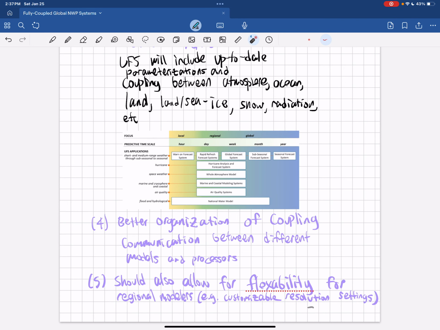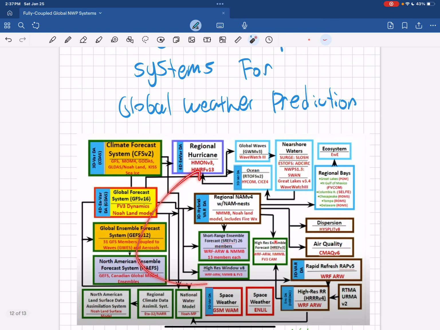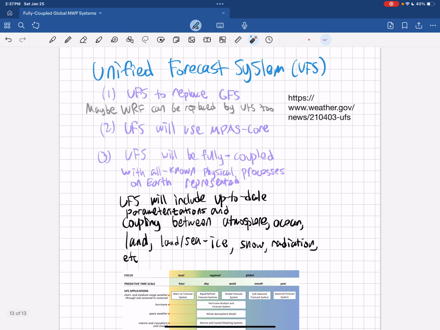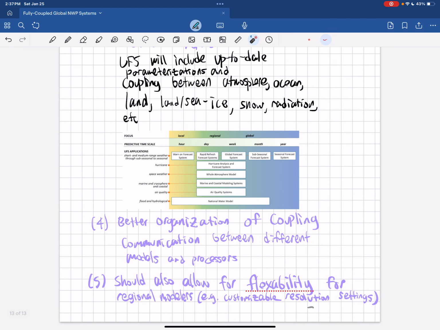The plan is, compared to what this coupling is, like what the heck, look at all these arrows. This is supposed to have better organization of coupling communication between the different models and also between the processors. As for a little explanation of what coupling communication means, well, some of these models are run at different resolutions that are needed.